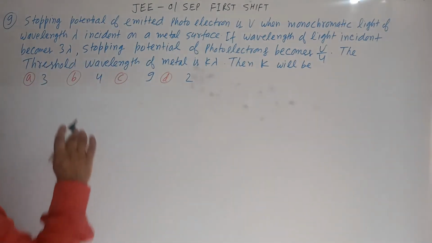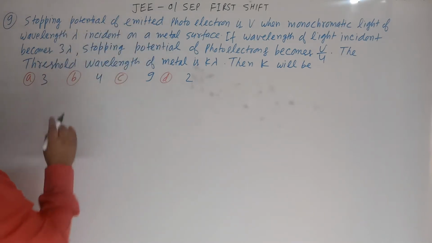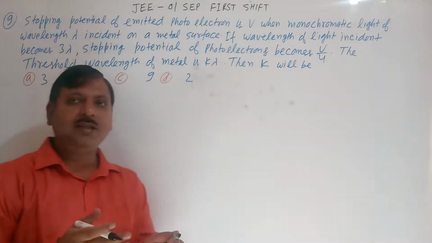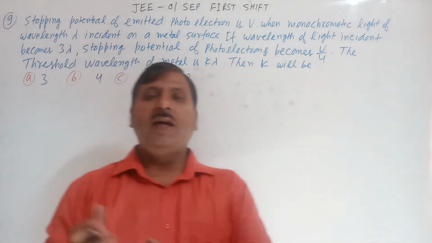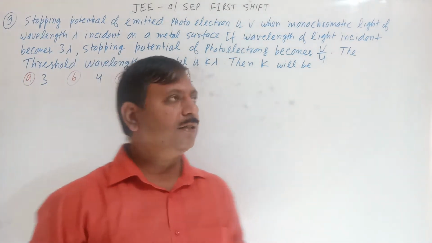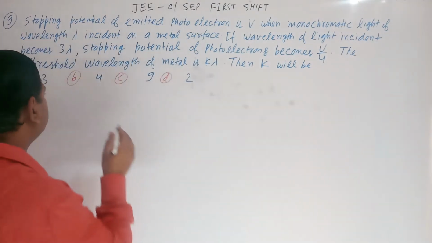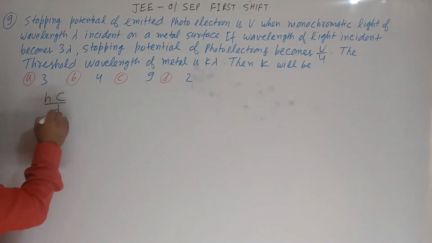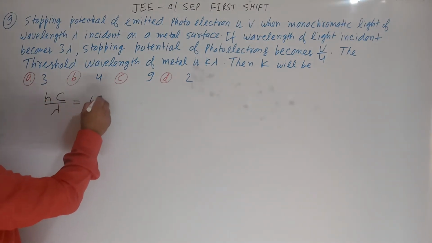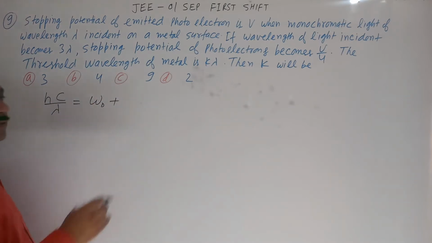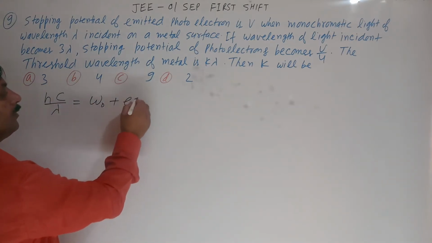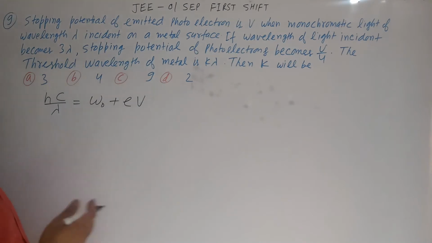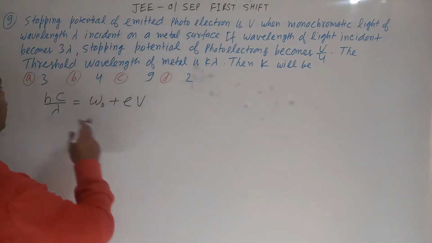Simple problem. See the relation between incident light, work function and stopping potential. We know h nu, meaning hc upon lambda, is equal to work function plus stopping potential times e, e V naught.